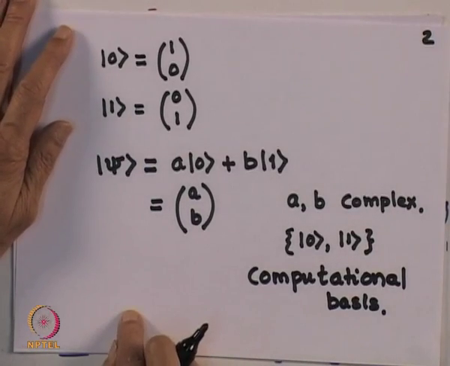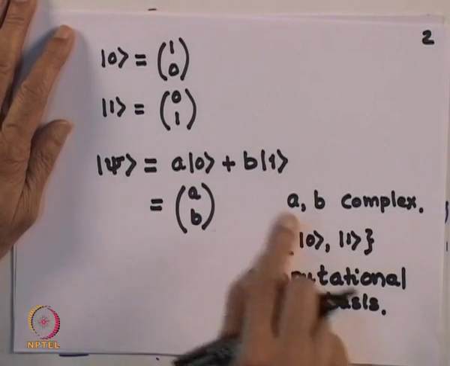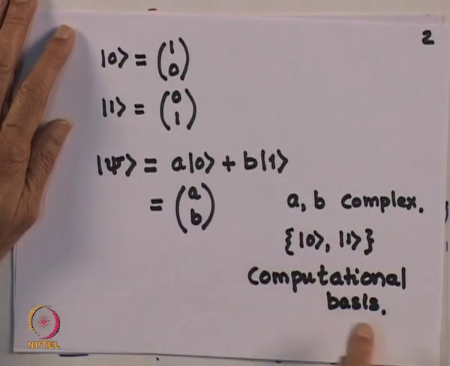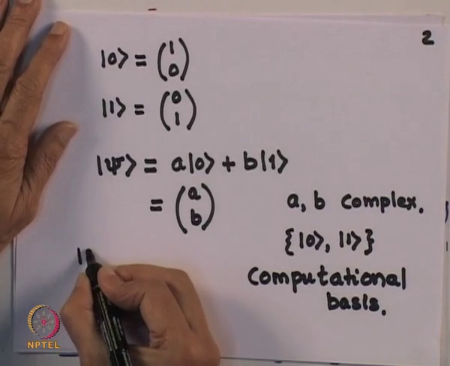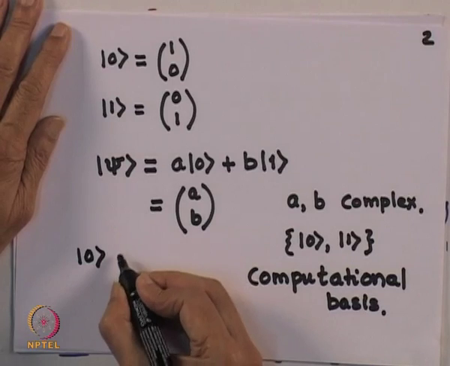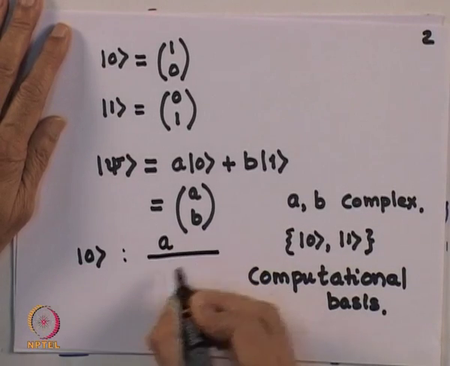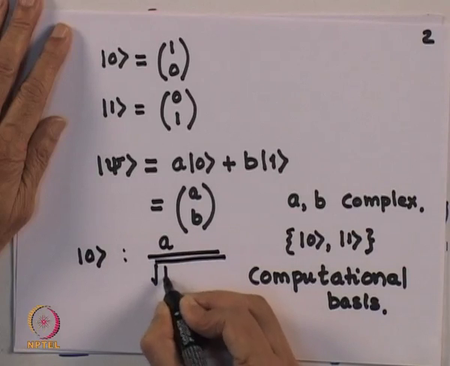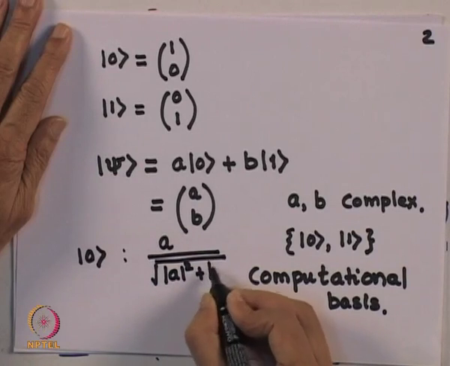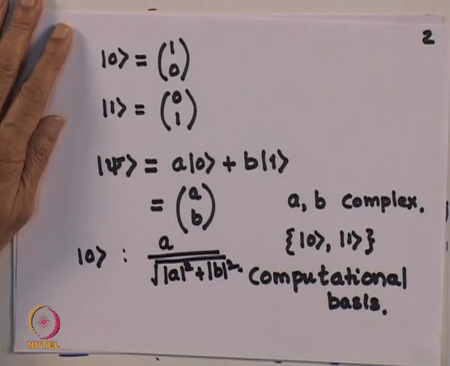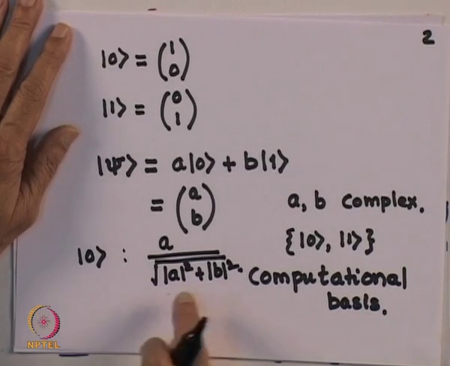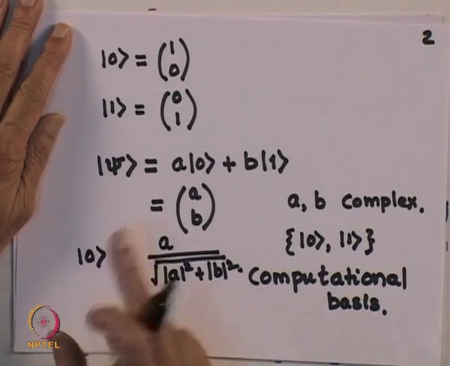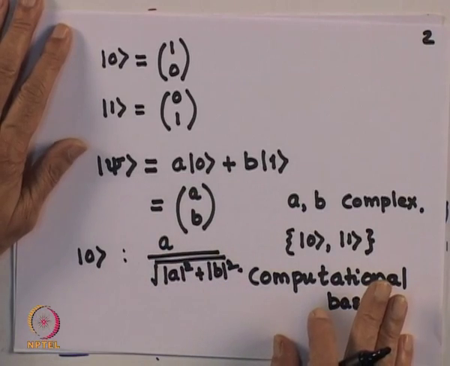You are going to get the state 0 or the state 1, which is what I called the collapse of the wave function postulate of the Copenhagen interpretation, and you will get state 0 with a probability amplitude given by a by square root of a square plus b square. And this is the probability amplitude of the state being measured as 0. The square of that, of course, is the probability.